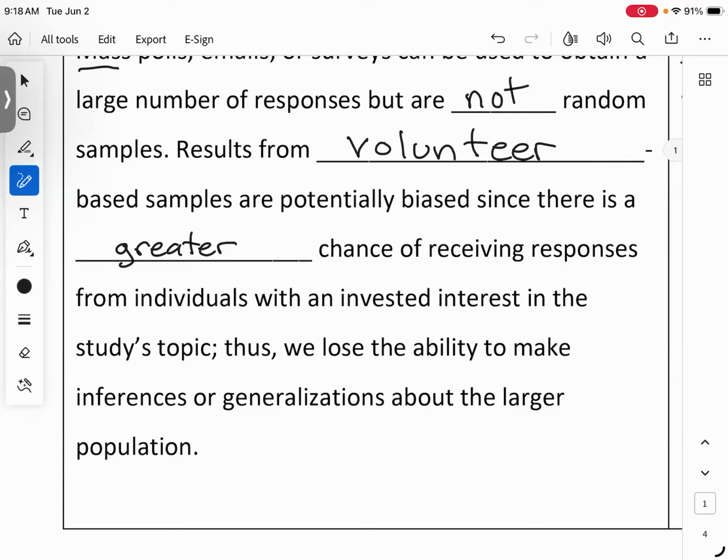People who smoke might be the ones who respond, because they have an invested interest in smoking. Someone like me, I don't smoke. I might not have the time or want to devote time to the survey, so I might not even bother responding. So you get a larger proportion of people responding who are invested in it, and it skews your data.